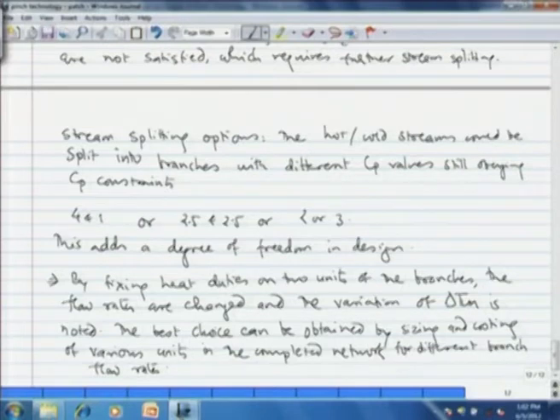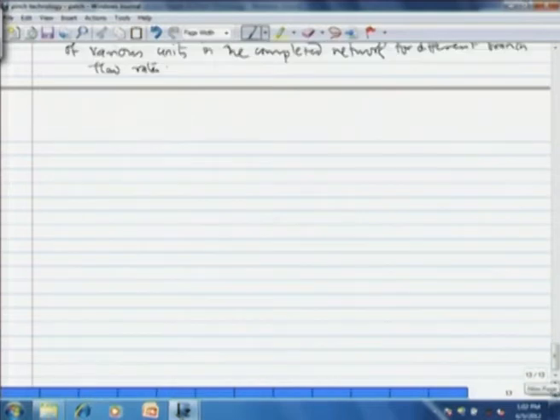Now we shall show this particular pinch technology algorithm in the form of a flow chart.